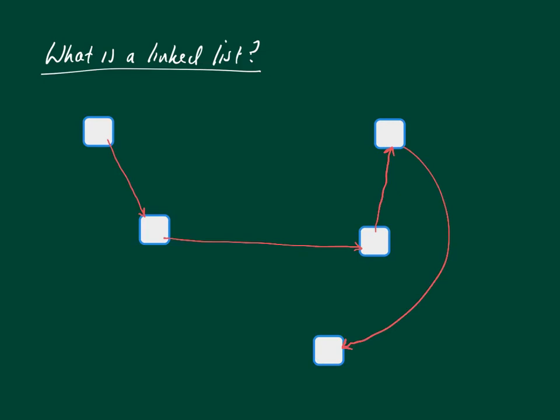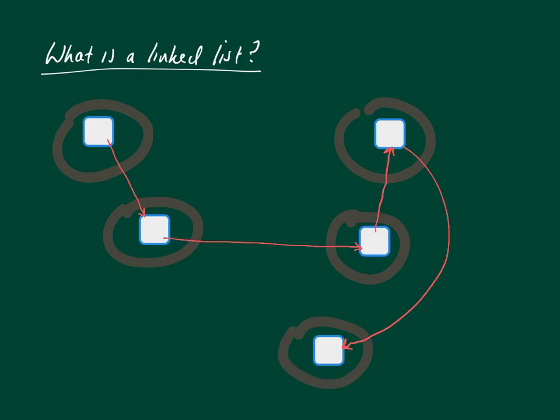Now each element of the list, which I've just drawn as these little boxes, is called a node. Nodes contain a number of things. A node contains one or many data items and also a pointer, which is the variable that stores the address of the next node in the linked list.